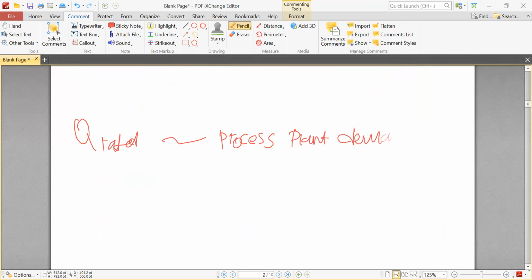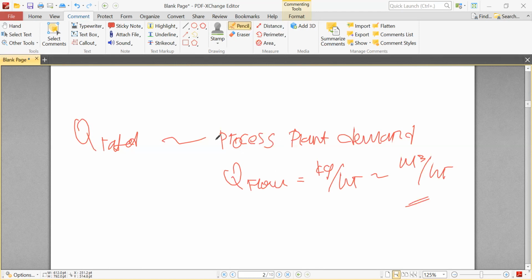Okay, so as a process engineer, you have to first specify how much the Q flow is, in kg per hour or cubic meter per hour. That should be defined first. It depends on the complexity of your plant.